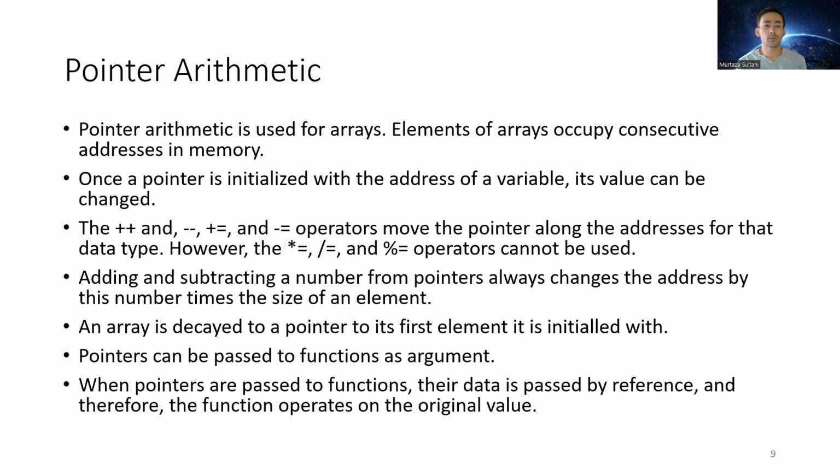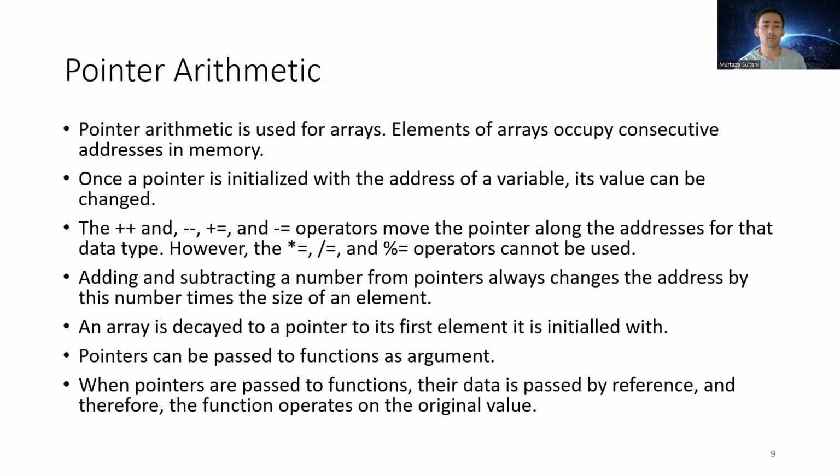We can use the increment, decrement, plus, minus, and plus-equal operators to move the pointer along the order of the data type in memory, but we cannot use other operators such as star-equal and division-equal.